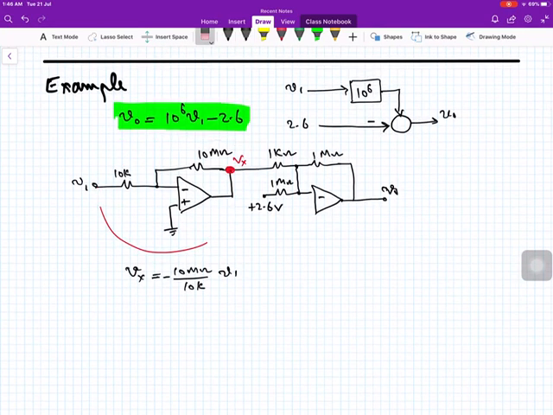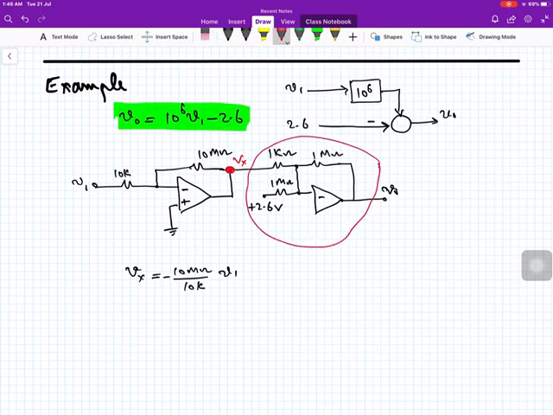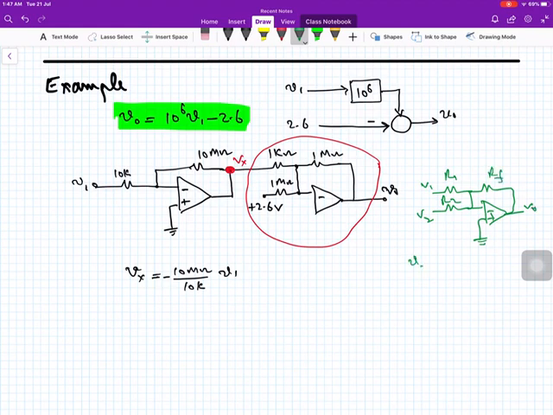And now consider the second operational amplifier over here. As you have seen, it is an inverting adder circuit. If this is V1 and this is V2, this is R1 and this is R2, and we have a resistance in the feedback RF, you may recall that this is minus RF over R1 V1 and minus RF over R2 V2.